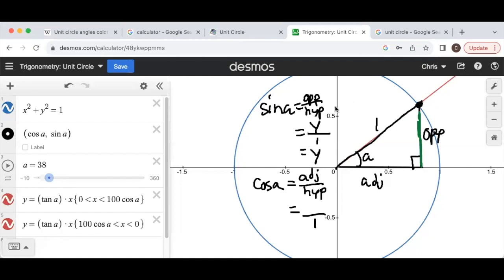Because the x-coordinate of the point is the horizontal distance from the center of the graph to the point. But that's the same as the length of this adjacent side. X over 1 simplifies to x. So the cosine of the angle is the x-coordinate of the point. Sine matches the y-coordinate. Cosine matches the x-coordinate.